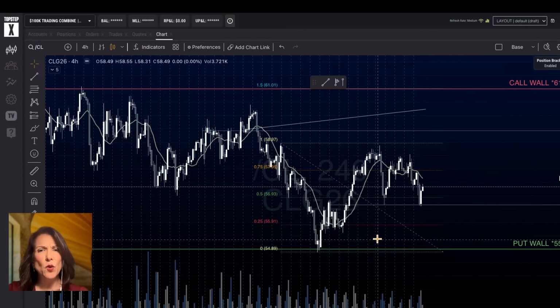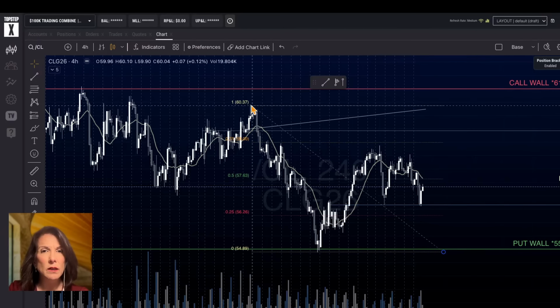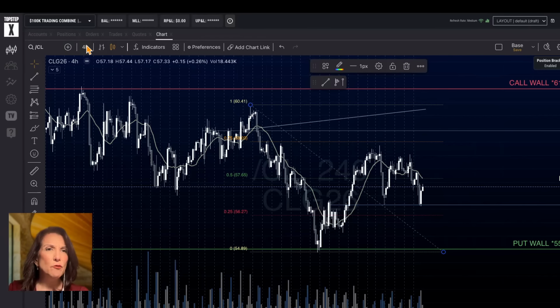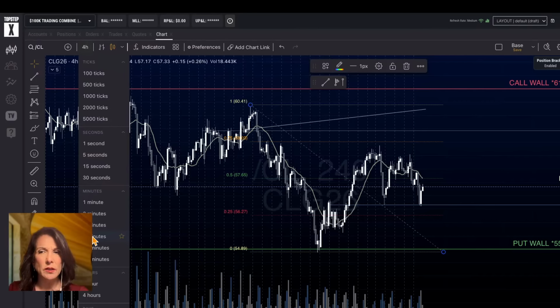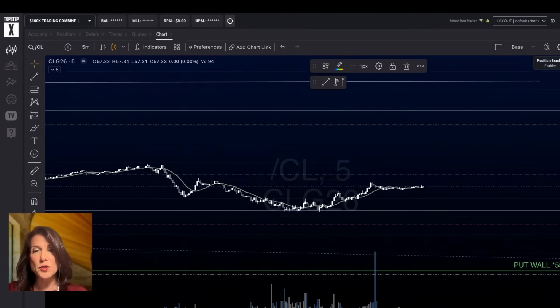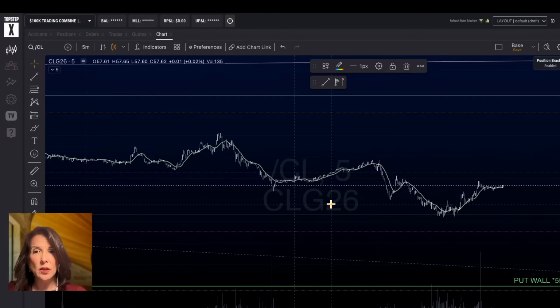This 4-hour formation, if we take it to the last major wave, you can see we're under the 50. If we go to the 5-minute chart, put wall is at 55, call wall is at 61. So the traders are thinking we stay inside of that range.